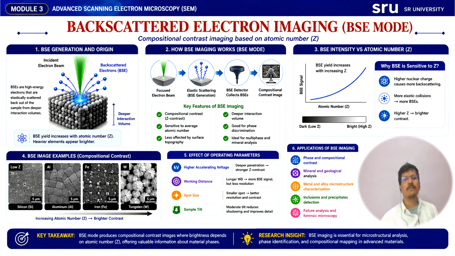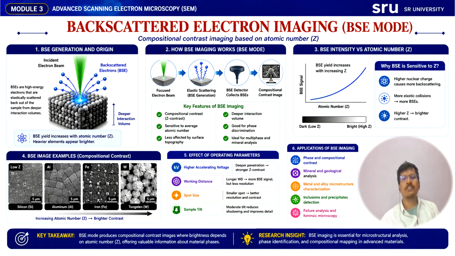For example, if a sample contains both aluminum and gold, the gold-rich regions will appear much brighter because gold has a much higher atomic number than aluminum. This property makes backscattered electron imaging extremely useful for composition contrast analysis.